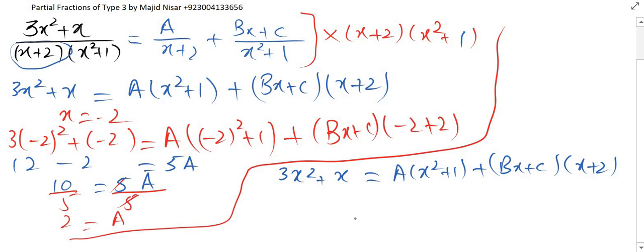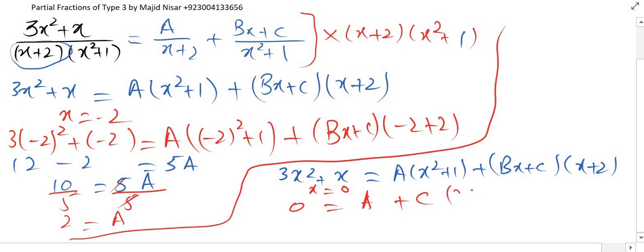Now we can put any value of x. We can also use the comparing coefficients method here, but I think it is better and easier to put any value of x, like x is 0. So when we substitute this value, 3 times 0 squared plus 0 gives us 0. A times (0 squared plus 1), just A will be left. b times 0 is 0, just c will be left, and 0 plus 2 is 2.